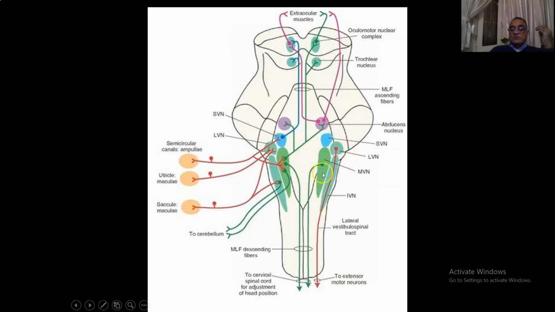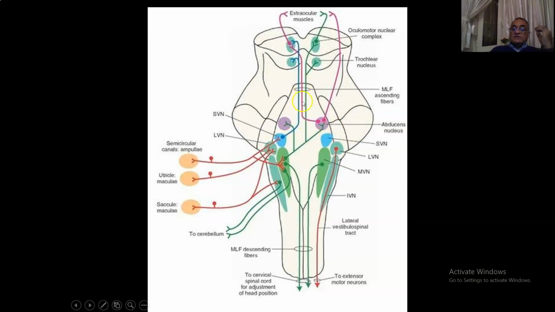And we have 4 vestibular nuclei and 4 efferents from the vestibular nuclei, one to the spinal cord, another to the medial longitudinal fasciculus, a third to the cerebellum, and to the reticular formation.